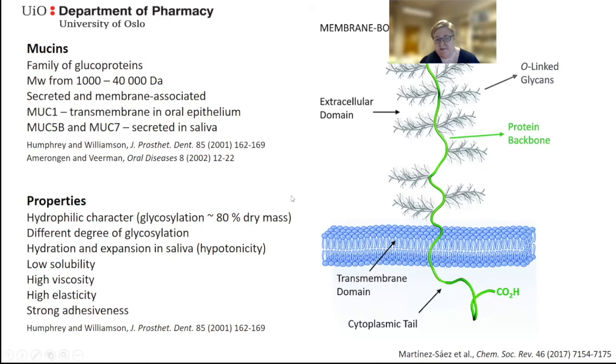Between the different types of mucins, the glycosylation can vary, and it expands and hydrates well in saliva due to the hypotonic property of the low ionic strength of the saliva. As such, mucin is low soluble, has viscoelastic properties, and they are strongly adhesive.